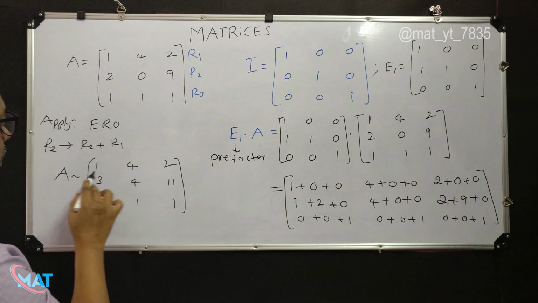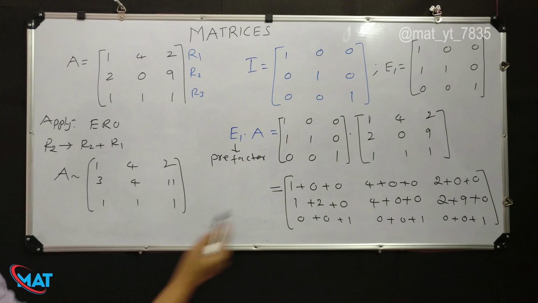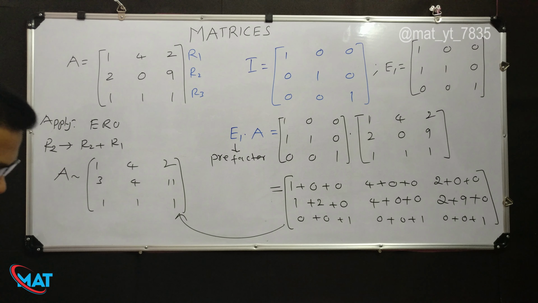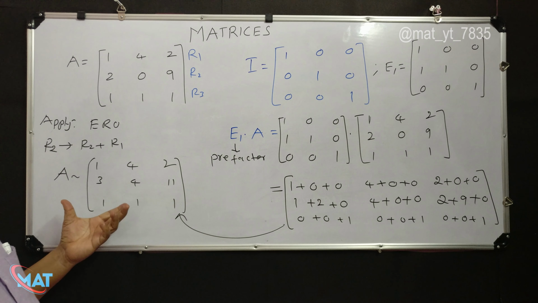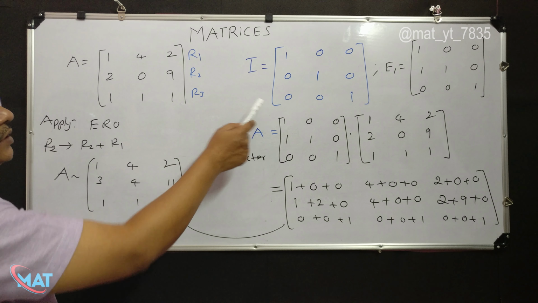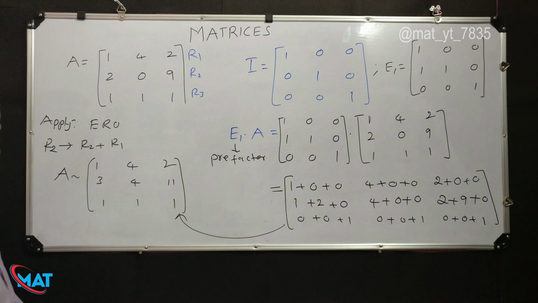You can see the same thing we are going to get. Same matrix: 1, 4, 2, 3, 4, 11, 1, 1, 1. The same result. So for elementary matrices, any operation you apply on any matrix, because we are dealing with ID matrices, the operations are strictly for square matrices.